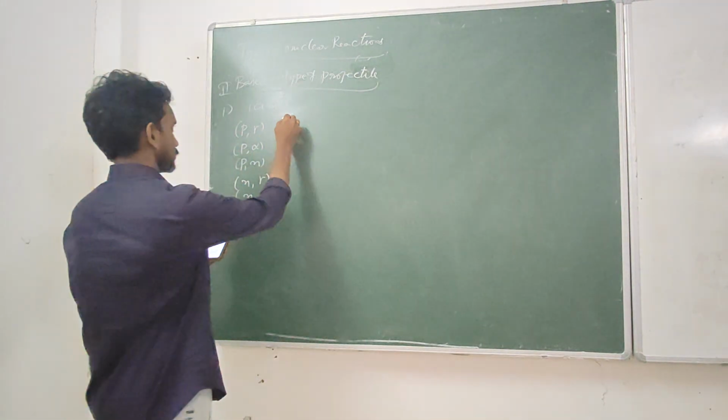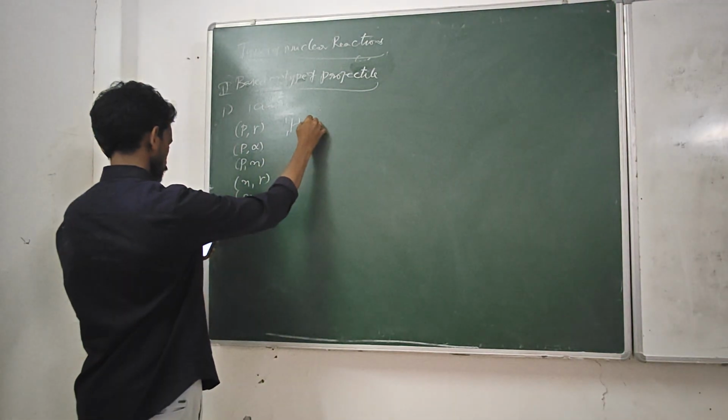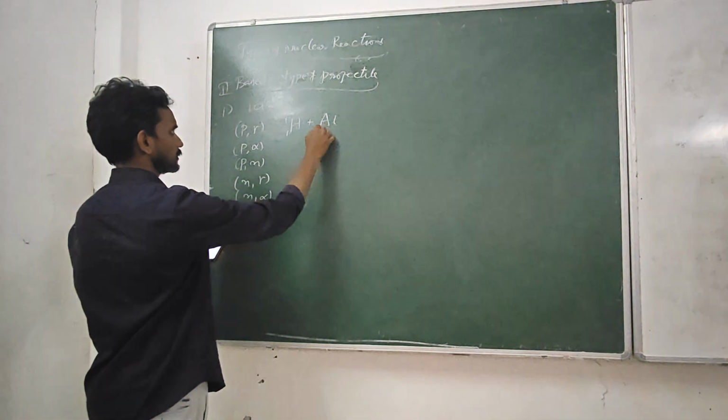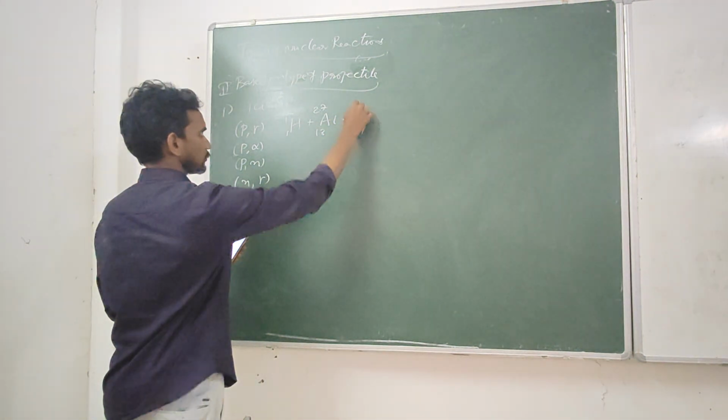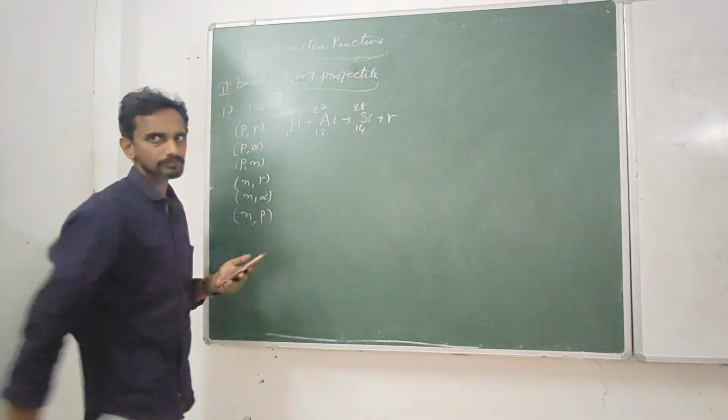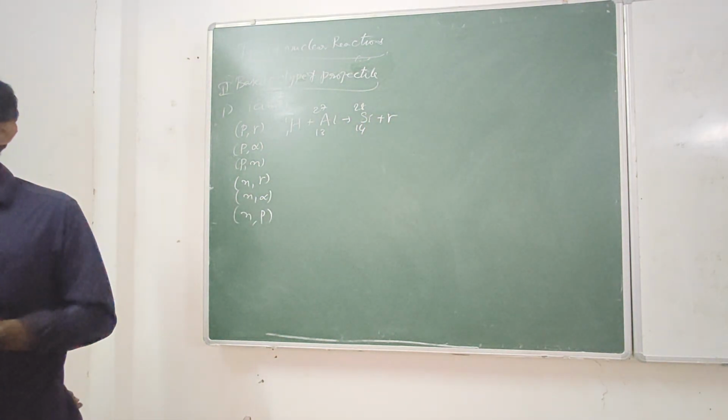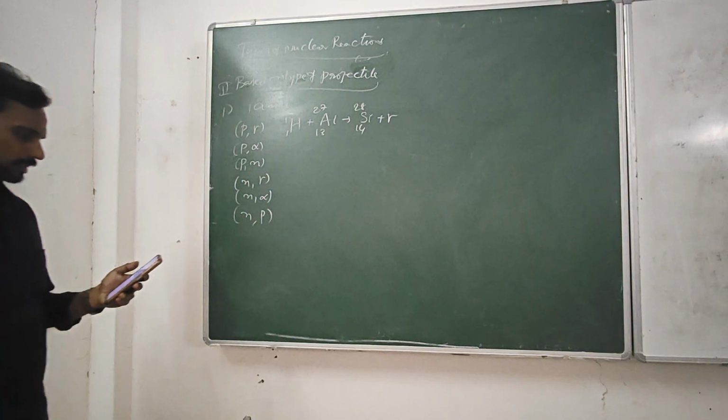So we are starting with H11, the same reaction that we have seen in the earlier case. Al1327 gives you silicon 1428 plus gamma. The same equation we have seen in the previous case.